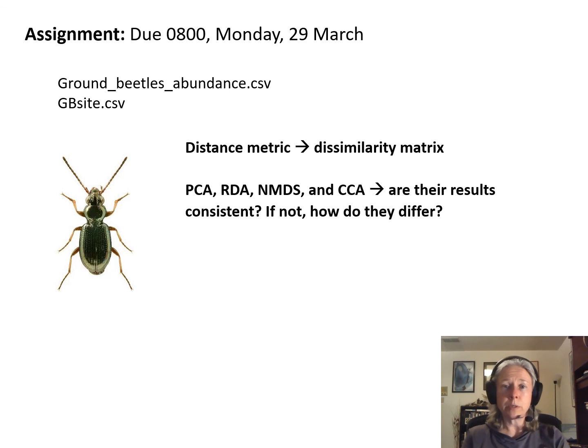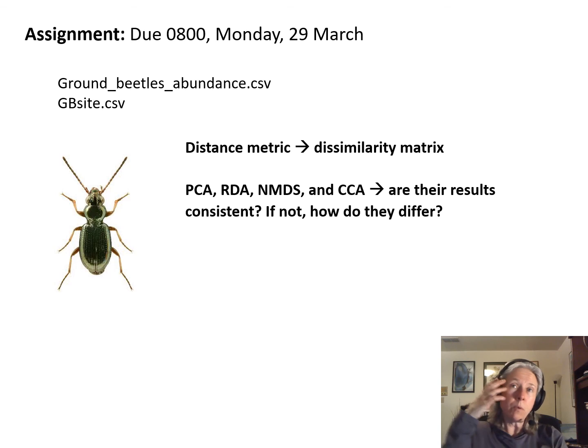And you're going to go through the logical process of determining what distance metric is appropriate, and then use that to make a dissimilarity matrix, and then perform PCA, RDA, NMDS, and CCA just to get some plots, like I explained in the previous slides and as I went through in the lesson for today.